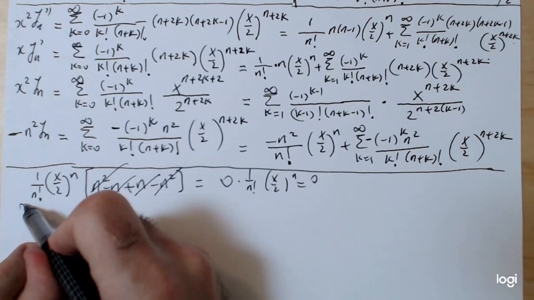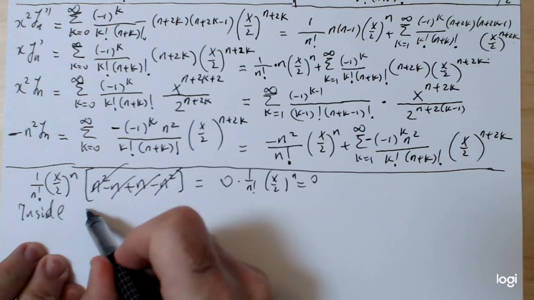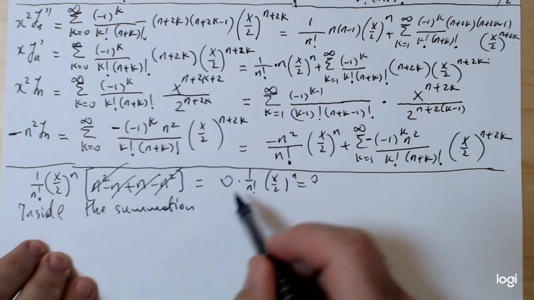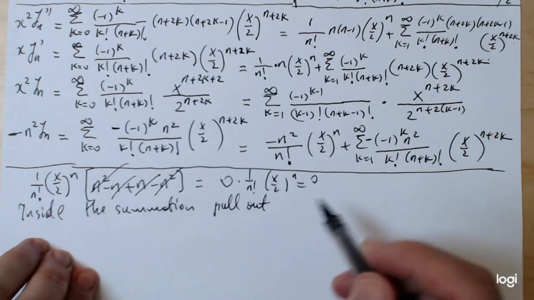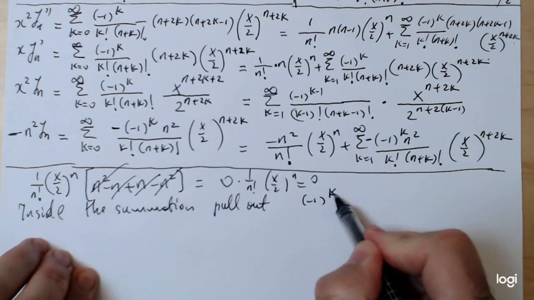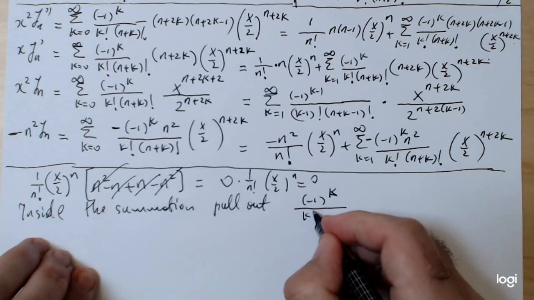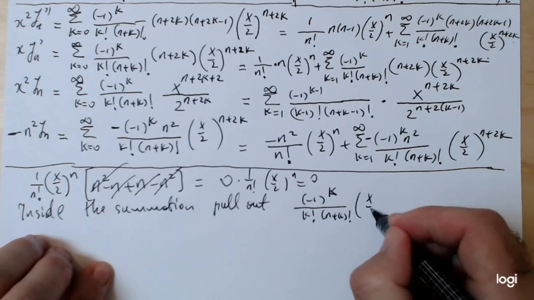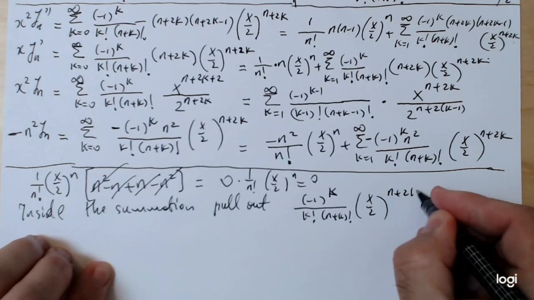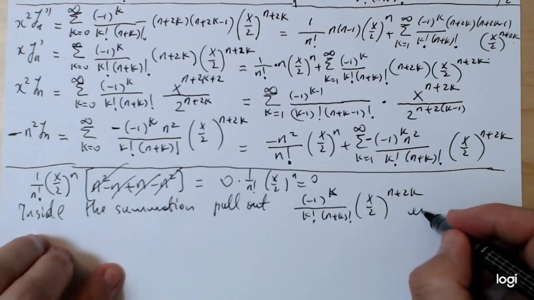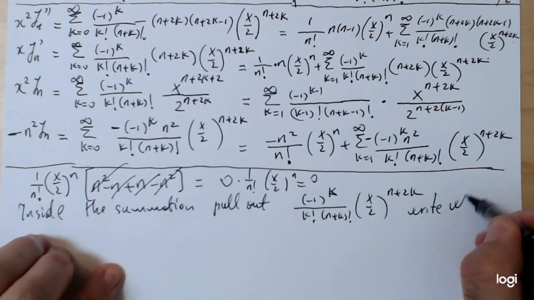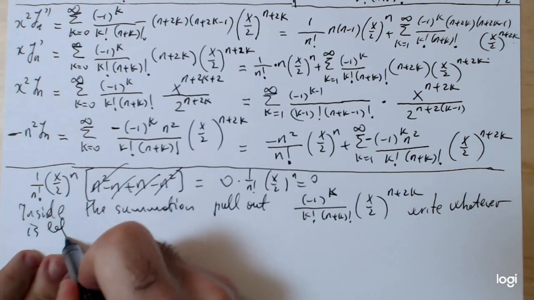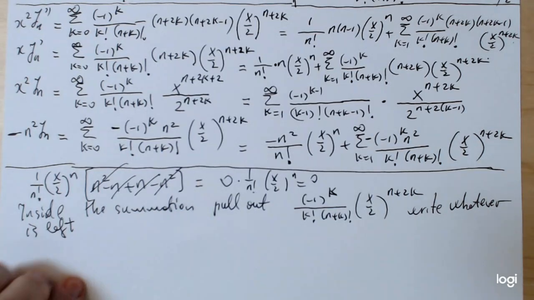So inside the summation, pull out minus 1 to the k over k factorial, n plus k factorial, x over 2 to the n plus 2k. And let's write whatever is left in each summation.